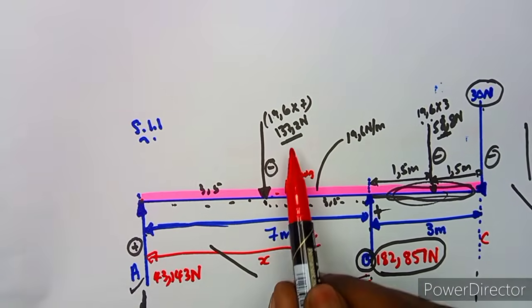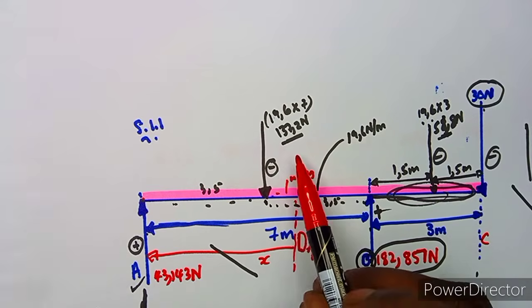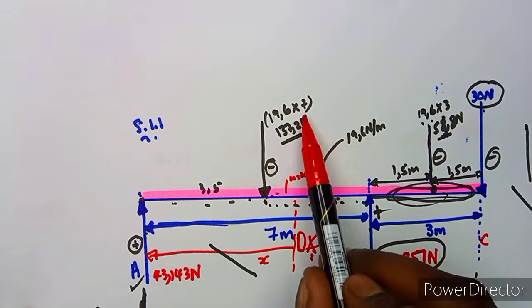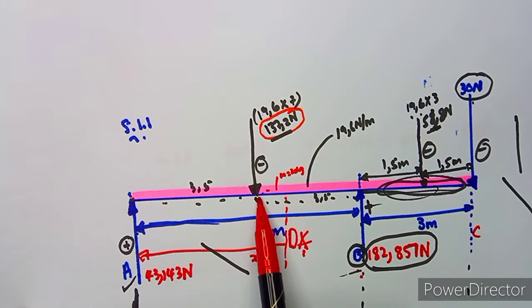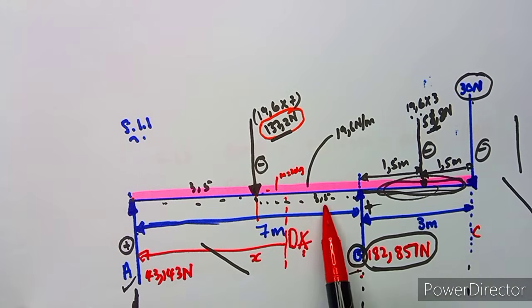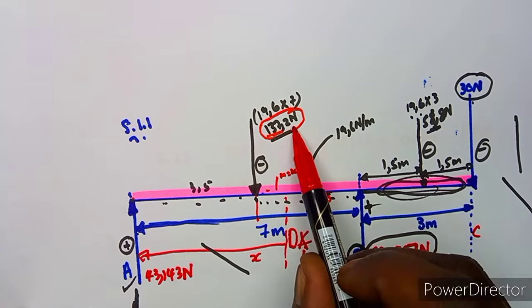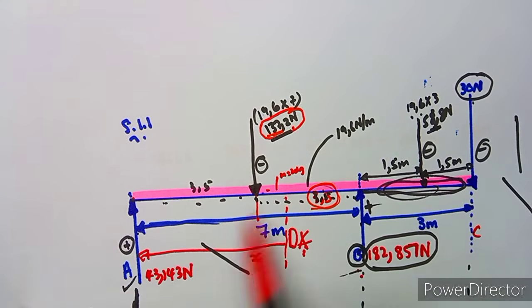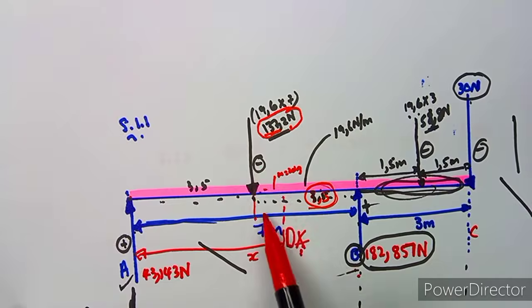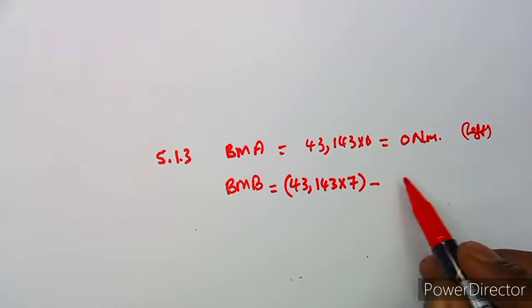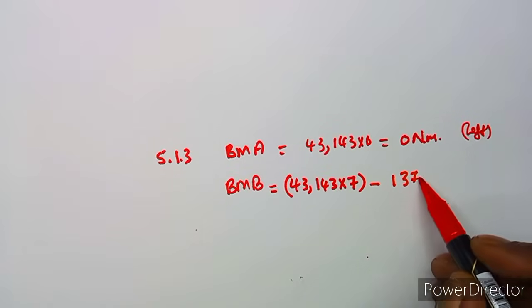Then we have, remember, our distributed load that we ended up multiplying and having 137.2 over a distance of 3.5 meters, because we divided this; it's now 3.5 meters from this 7. So it is going to be 137.2 times this distance of 3.5, and it's negative, this one, it's going downwards, so it's going to be minus 137.2.